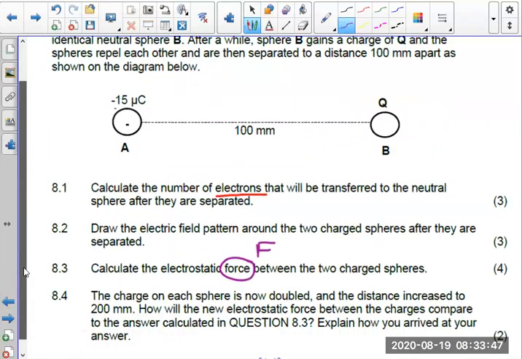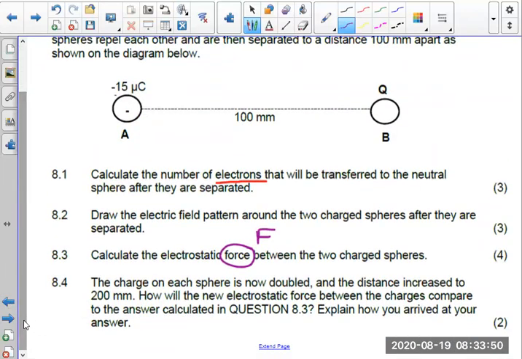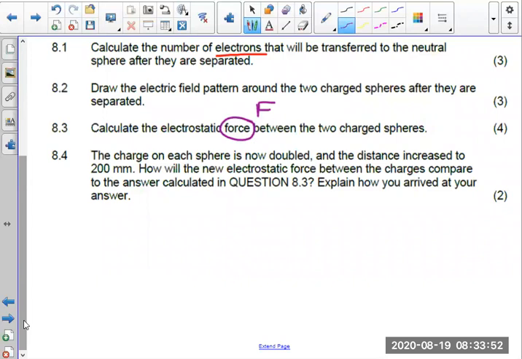The next question they ask is, the charge on each sphere is now doubled, and the distance increased to 200 millimeters. How will the new electrostatic force between the charges compare to the answer calculated? Explain how you arrived at your answer. Okay. Now, if I say doubles, remember the equation that I use is Coulomb's law.